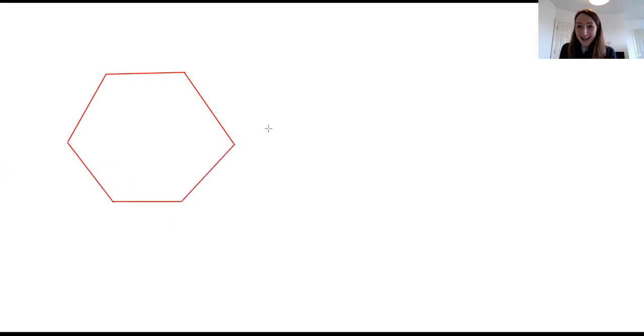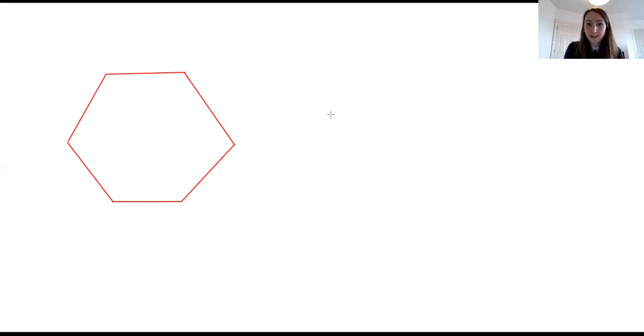So let me share my screen for you. If we look at, for example, a regular polygon. Okay, now assuming all things being equal, this is an example of a regular polygon. It's a hexagon, a 6-sided shape, and all the sides are the same length.